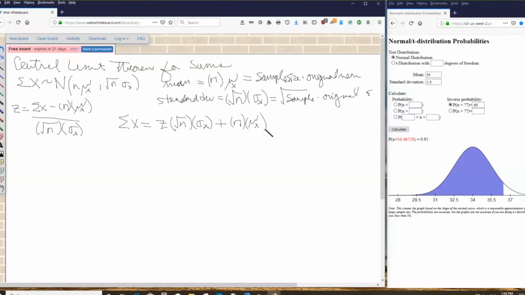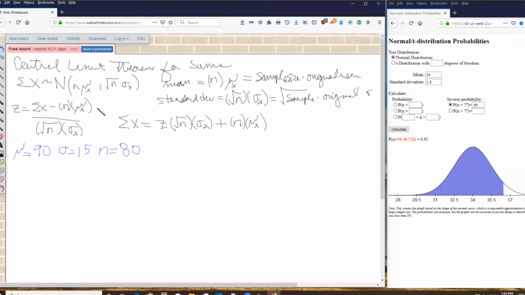So let's go ahead and do some examples. Let's say you're given a problem where the mean is 90, the standard deviation is 15, and the sample size is 80.